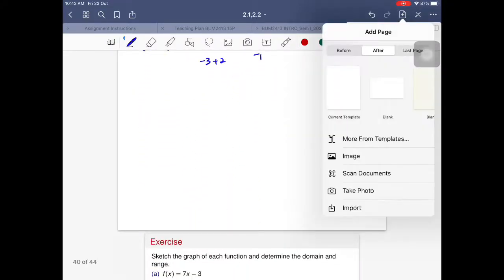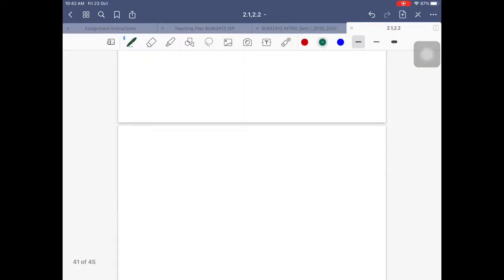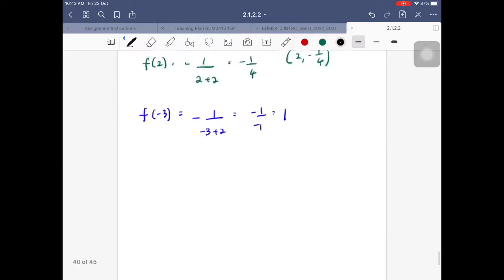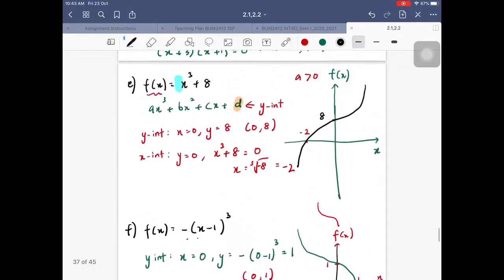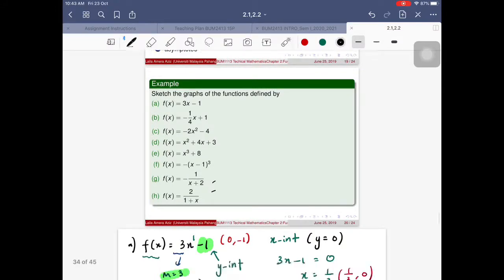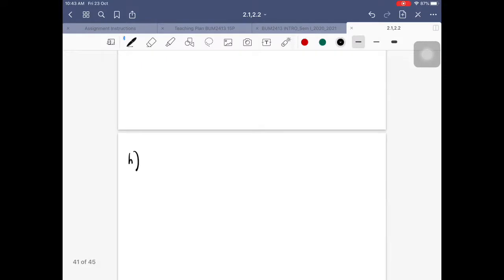All right, let me show you one more example on this. The last one is going to be H. So what is my example? It's going to be f of x equals 2 over 1 plus x. The idea is still going to be the same.